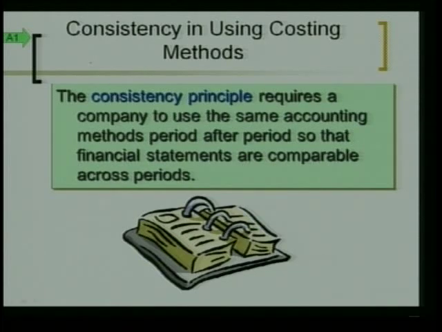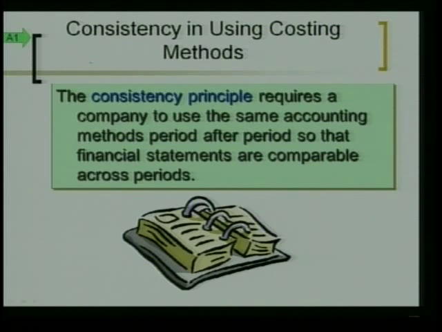Generally accepted accounting principles and the powers that be, they don't like you to try to fool the readers. They want financial statements from this year to be comparable to the financial statements of the previous year, comparable to even the financial statements of the previous year before that. So they want you to pick a method and stick with it. They want you to be consistent, and that's what the consistency principle states.